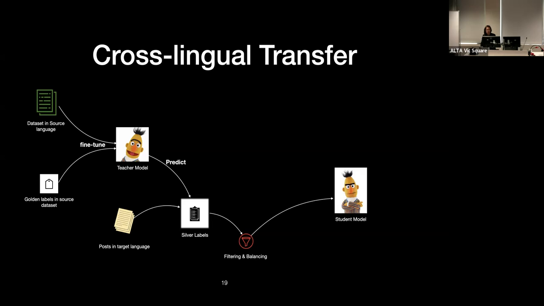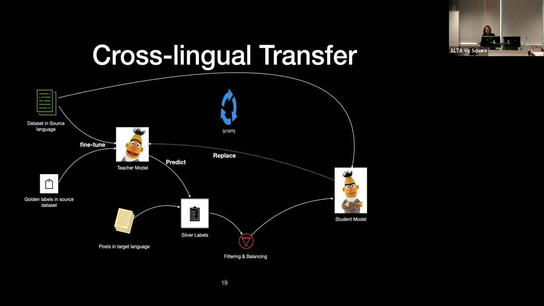The student model is initialized as a multilingual language model. Once the student model has been fine-tuned, it replaces the teacher model and combines with the golden labels in the source language. So we have a self-training loop to continue to tune the student model, to make it good at both the source and target language.